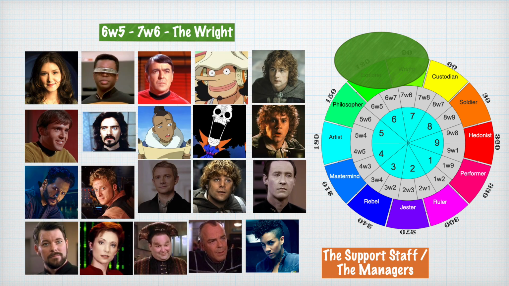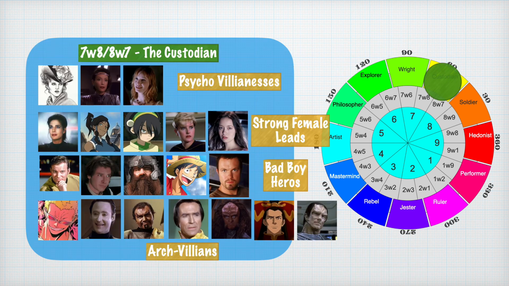Think of that area as our support staff and managers, our fixers. Custodians are just really colorful characters. We've got our psycho-villainesses, our strong female leads, our bad boy heroes, and our arch-villains.